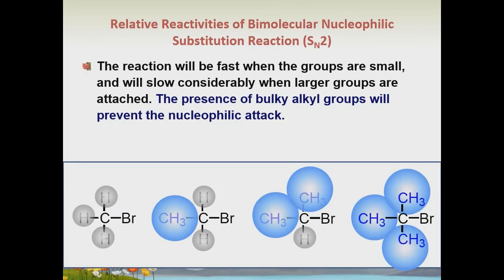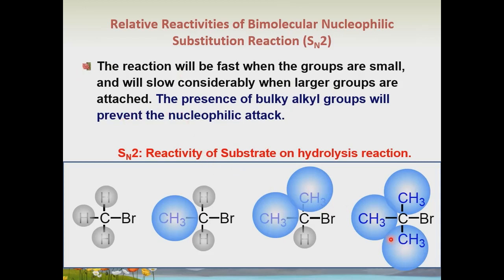Now let's look at the relative reactivities of bimolecular nucleophilic substitution, SN2. We want to know which haloalkane will be reactive when doing SN2. So the reaction will be faster when the groups attached to the carbon or the electrophilic site are smaller. The reaction is faster when the groups are small, and it is slow when larger groups are attached.